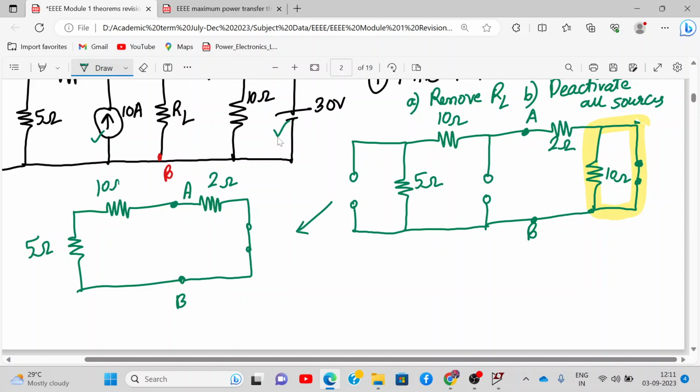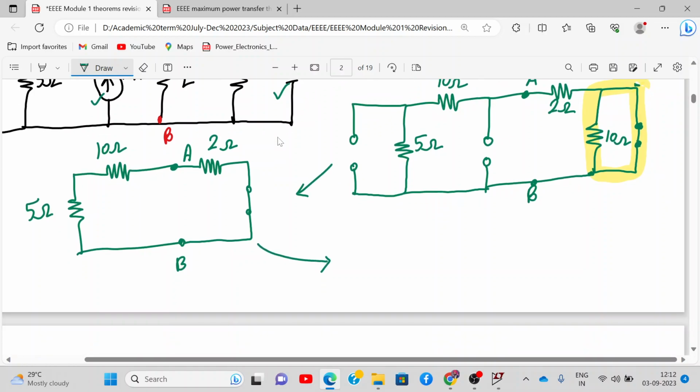All right. Now tell me, did you get it? Why have we done this? Because anything parallel to a short, so this is a short parallel to a 10 ohm resistance. Understood this? Yes, sir. And now which resistors are in parallel or which are in series?